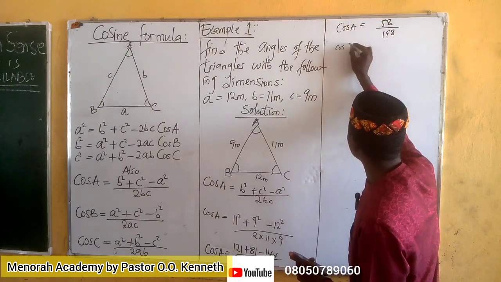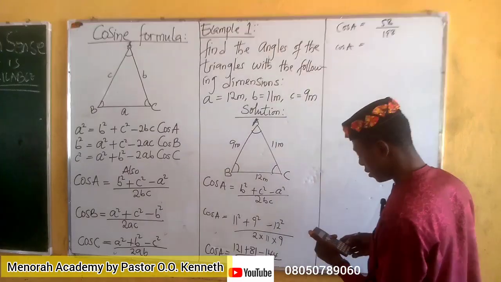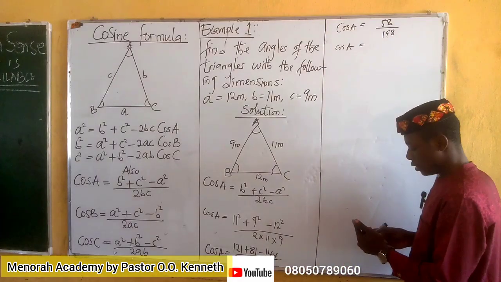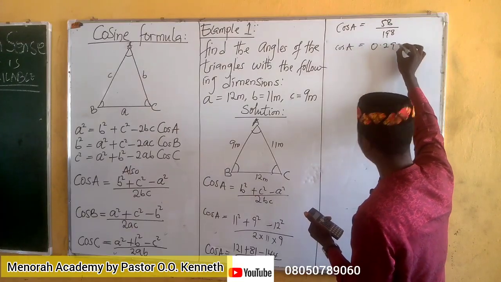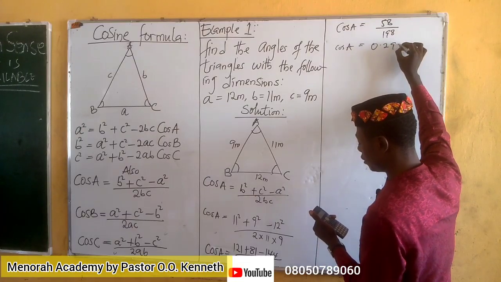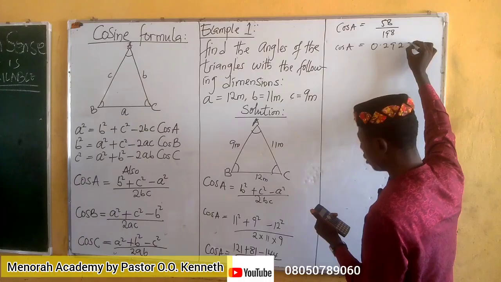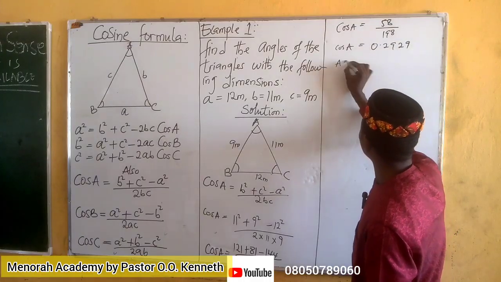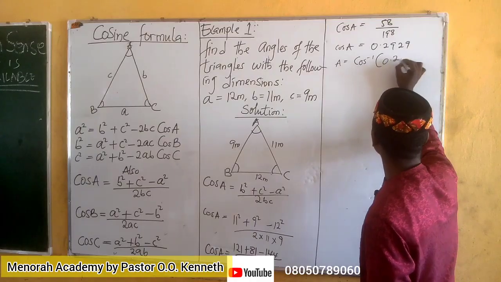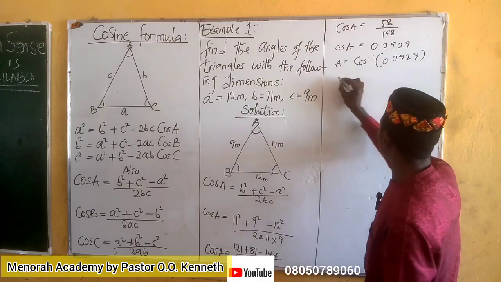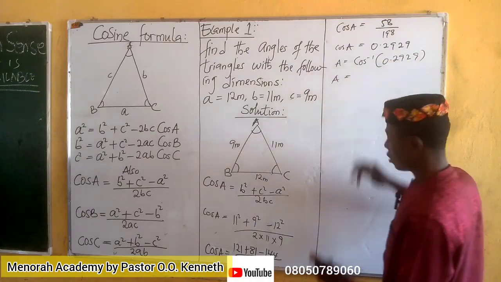So cos A will be equal to 58 divided by 198, which gives 0.2929. So our A will be equal to cos inverse of 0.2929. So A will be equal to what? How do you press this?